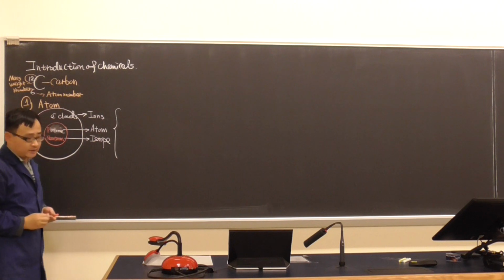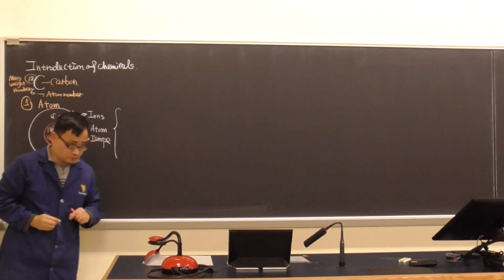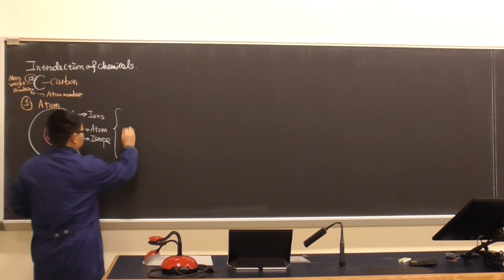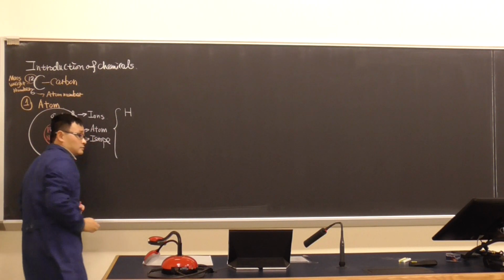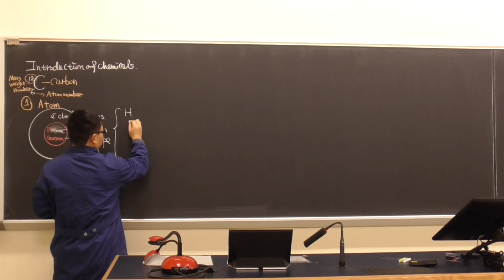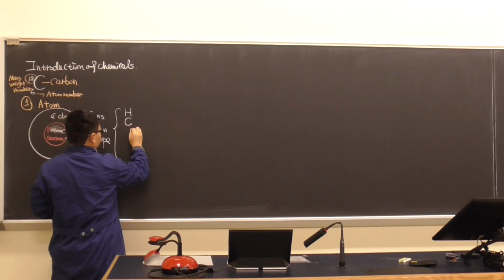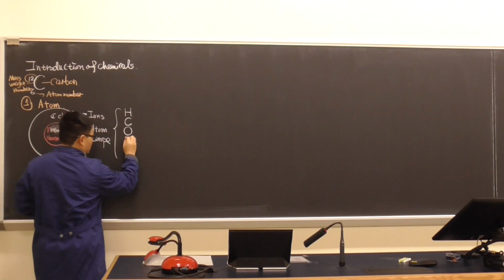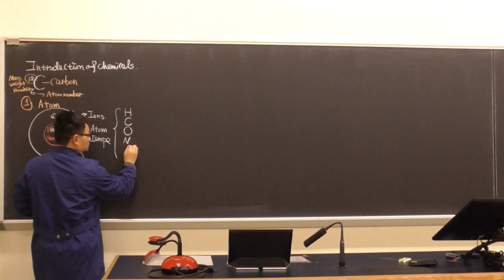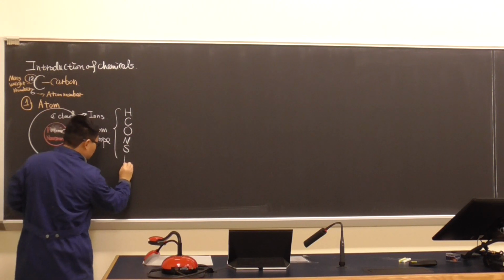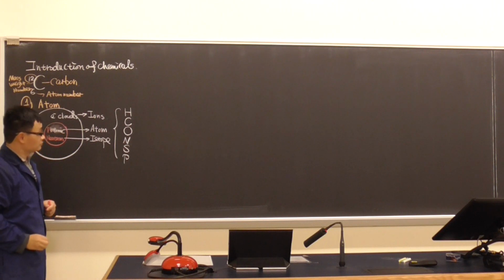What are the major atoms for biologically significant chemicals in our body? Hydrogen, proton. What is the second one? Carbon. Carbon, oxygen. Is it right? What are others? Nitrogen, sulfur, and phosphate.